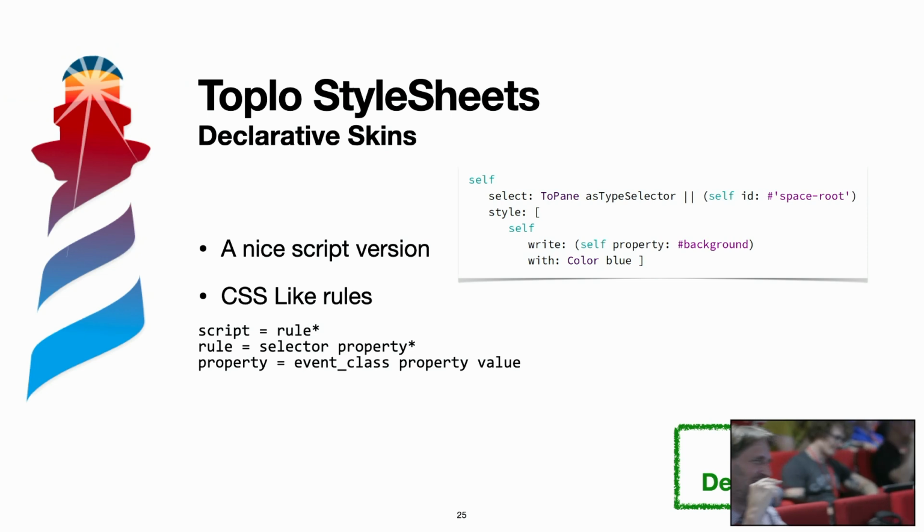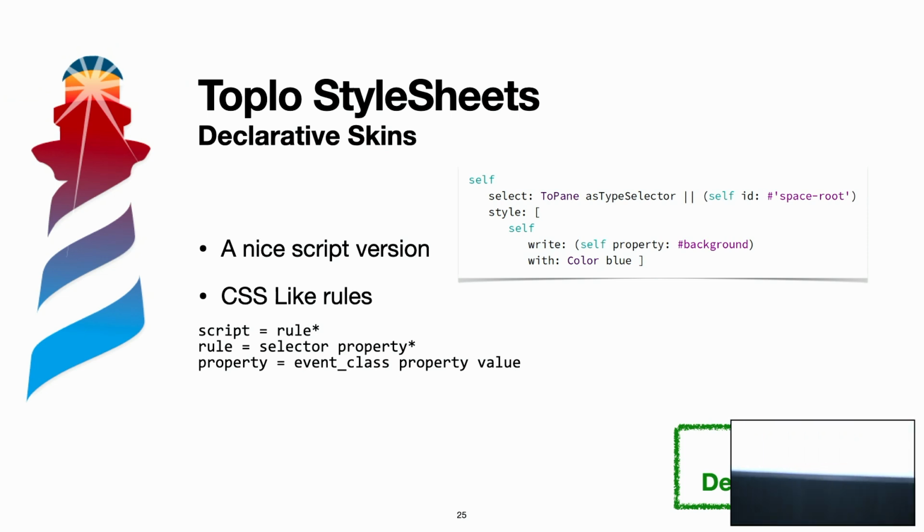I will say that maybe the next presentation will bring you closer to the objective you are asking about. The real objective for Toplo is to have a widget set that allows us to make things beyond just the widget set provided by the operating system.